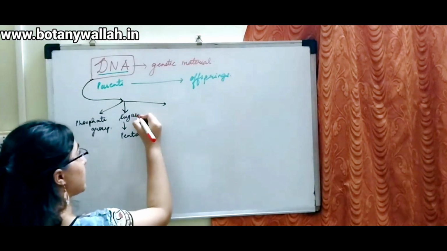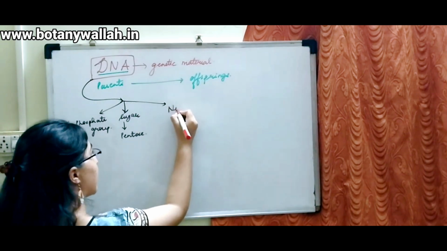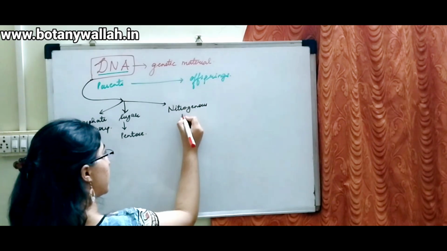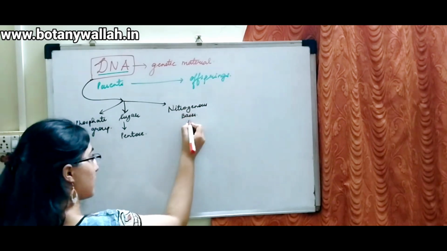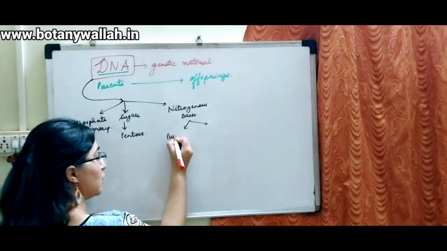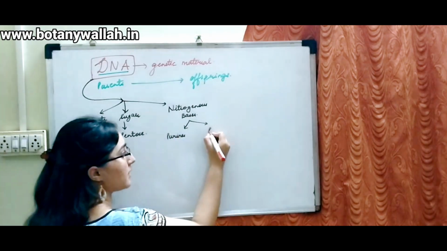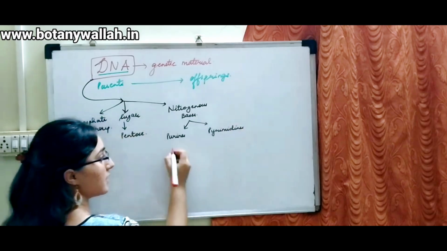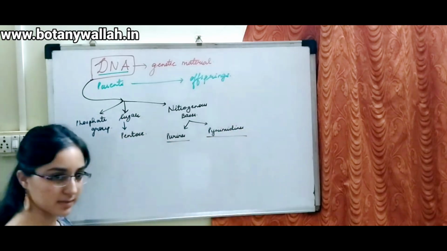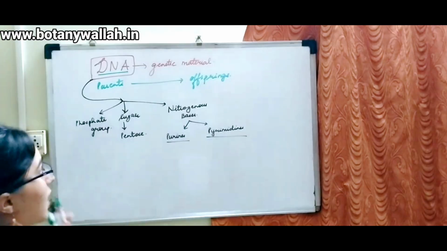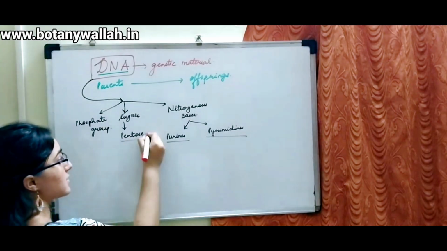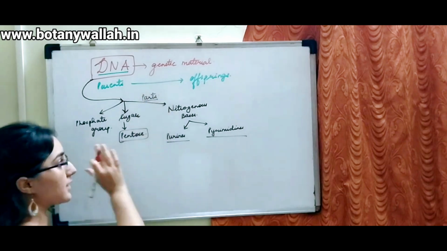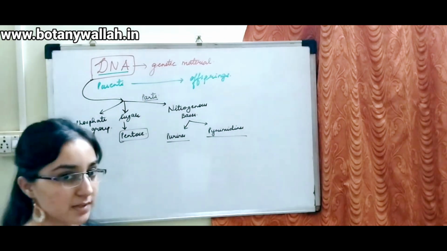And the third thing is the nitrogenous base. Nitrogenous bases are of two types, that is purines and pyrimidines. So this is all about DNA and its parts. There are three parts in DNA.